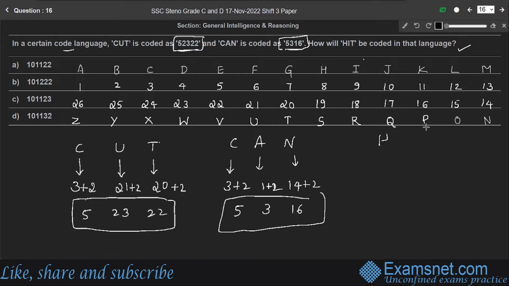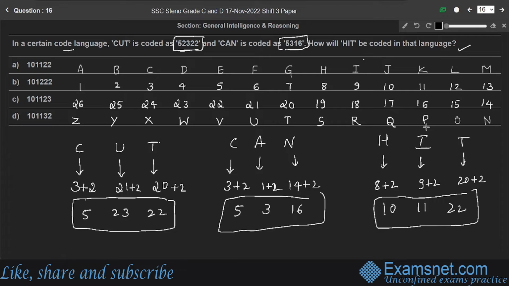Therefore, to find the code for hit, H's positional value is 8. Add 2 to 8, you will get 10. Right? I is 9 plus 2 becomes 11, and T is 20. Add 2, you will get 22. Therefore, the code for hit is 101122, right? Option A is the right answer.